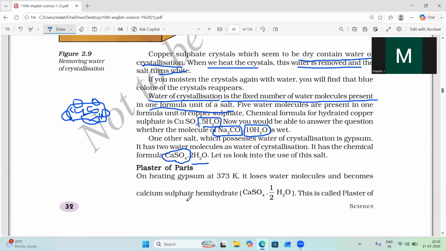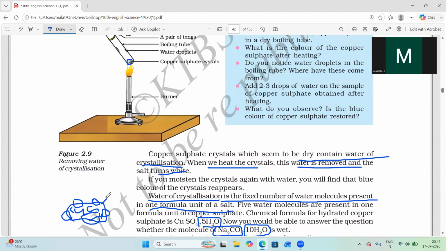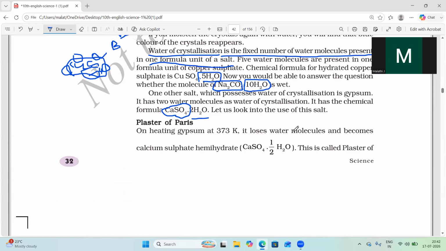So before going to that, if water of crystallization is present, what is it responsible for? You know that copper sulfate is blue in color, right? When you start heating it, what will happen? The water of crystallization evaporates. Here we can understand that water of crystallization is responsible for the color of the compound.